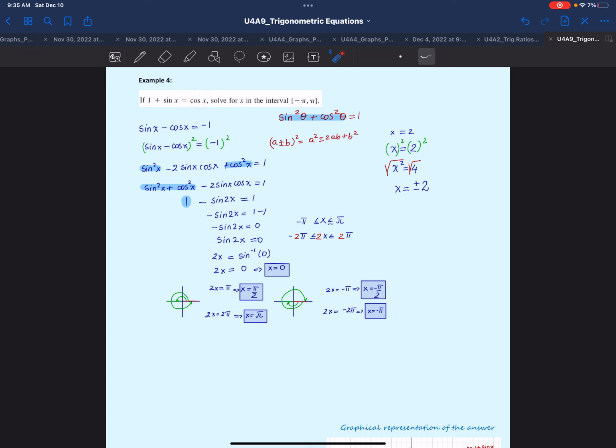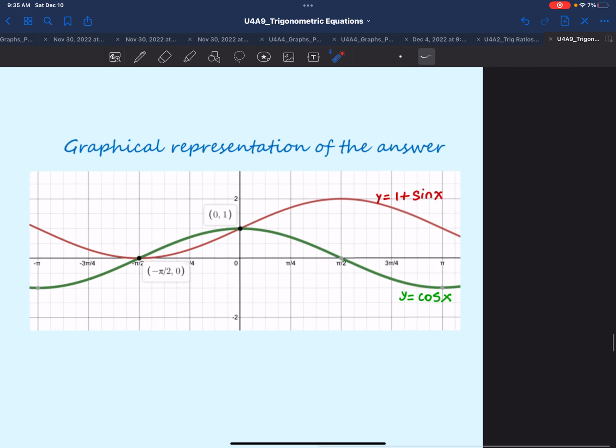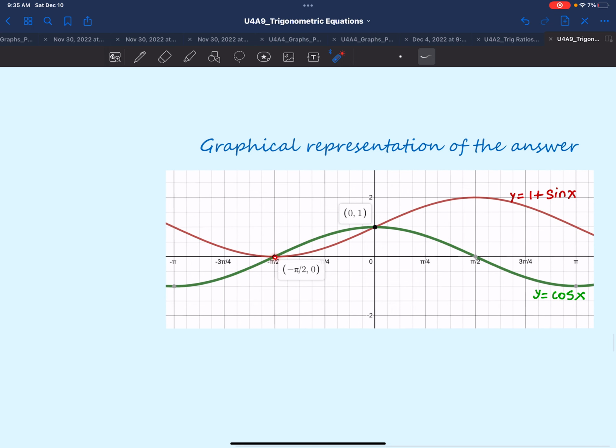So the graphs of y equals 1 plus sine x and the graph of y equals cosine of x. This is where they both are. As you can see, they would intersect only at 3 points. So these 3 would be the only solutions we obtain. So at x equals negative pi over 2, x equals 0, and x equals positive pi over 2.